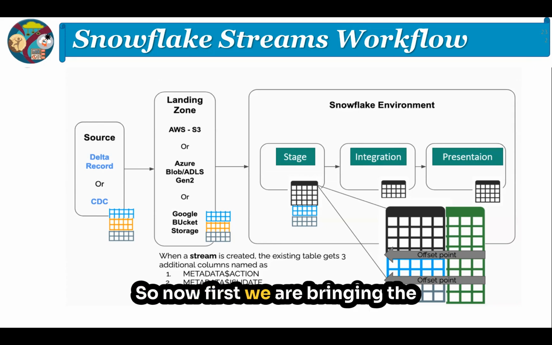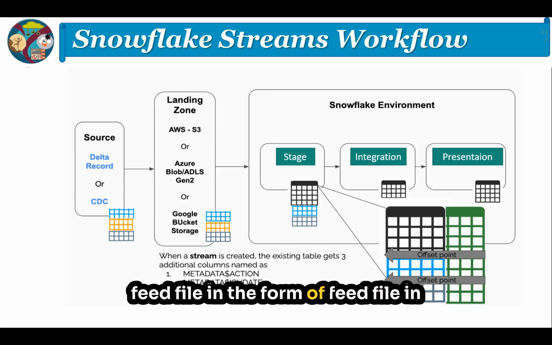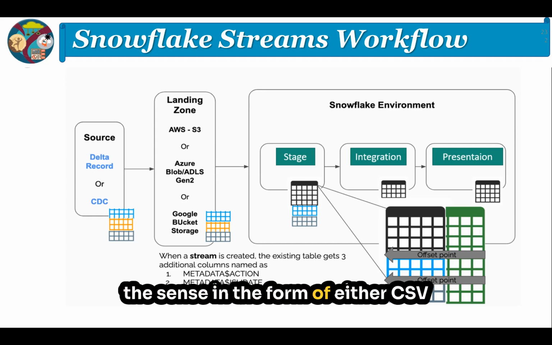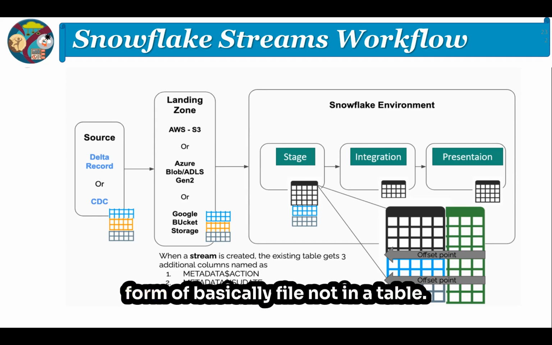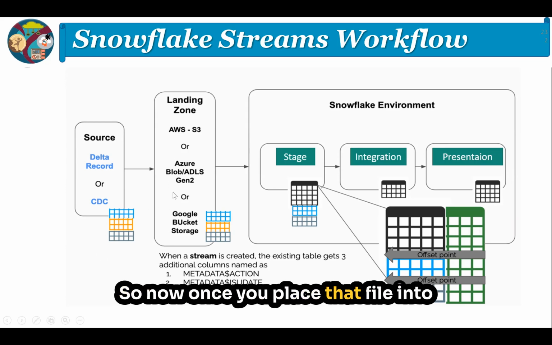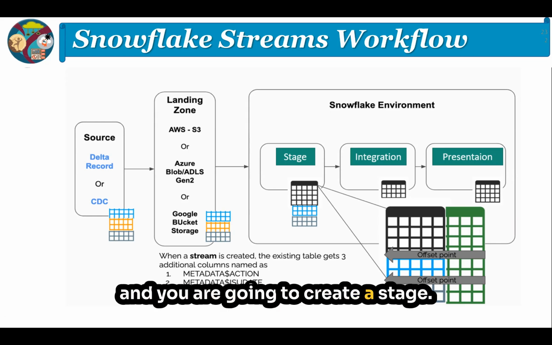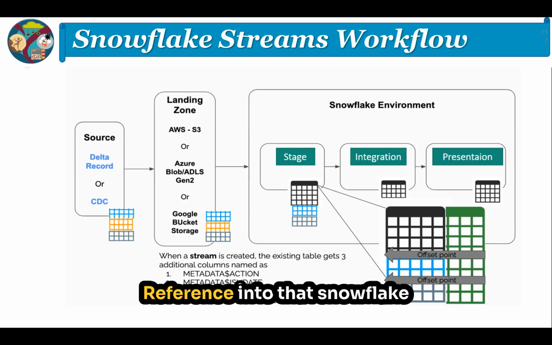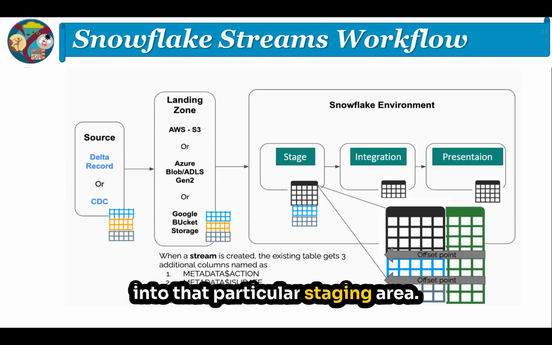First we bring the data into this staging area or landing zone in the form of feed files, either a CSV file, a JSON file, or a Parquet file, in the form of files, not in a table. Once you place that file into the external staging area, you create a stage reference in the Snowflake environment, execute the copy command, and load the data into the staging area.